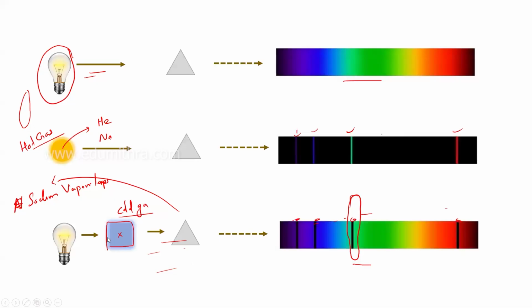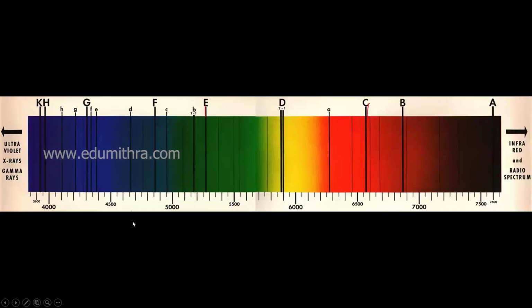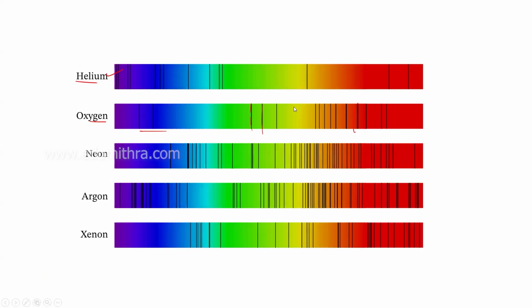Then it is like a database of fingerprints of the suspects. All the investigation agencies and police already have a database of fingerprints of usual criminals. Like that, the scientists also have a database of the usual fingerprints: the helium fingerprint, oxygen fingerprint, neon fingerprint. So we do have all the fingerprints.